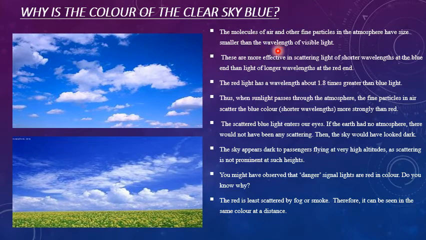Last year in physics, you must have studied the term wavelength, denoted by the letter lambda. So this wavelength is larger than their size, or you can say the size of these particles is smaller than the wavelength. These are more effective in scattering light of short wavelength at the blue end than light of larger wavelength at the red end.